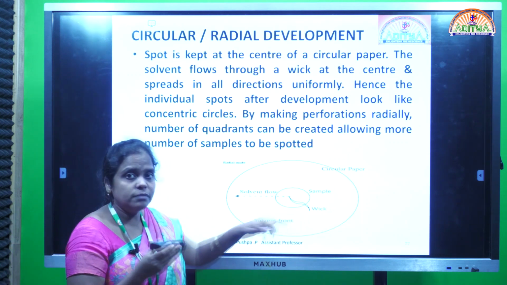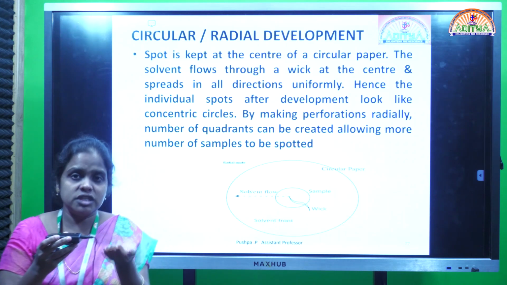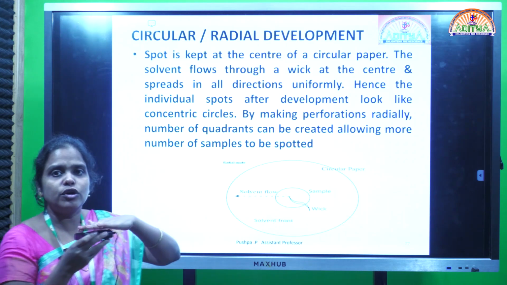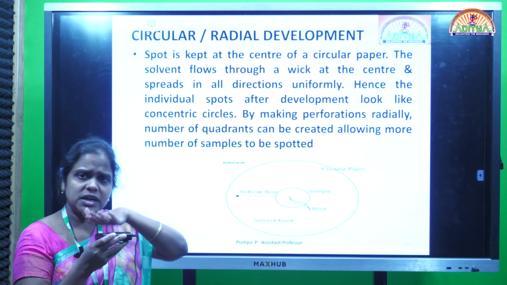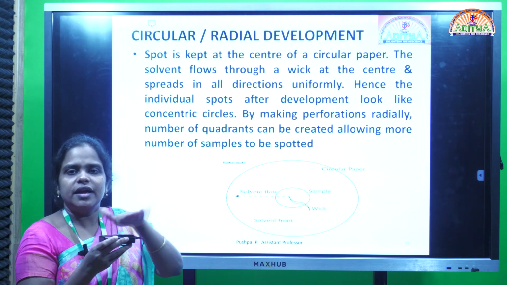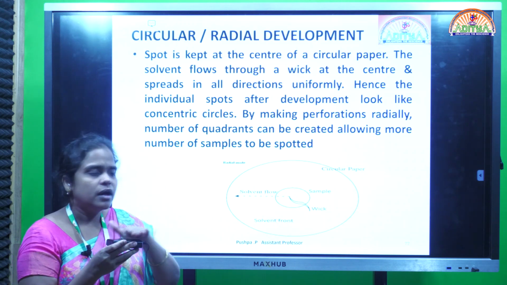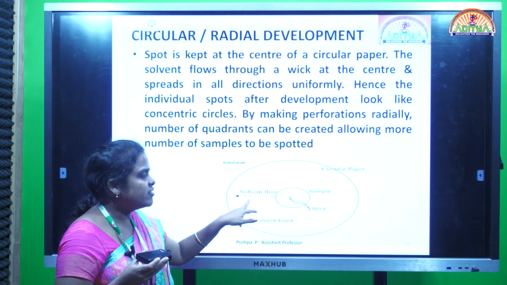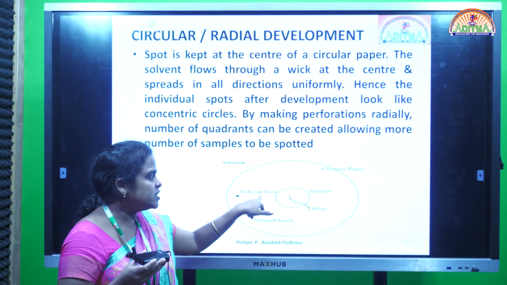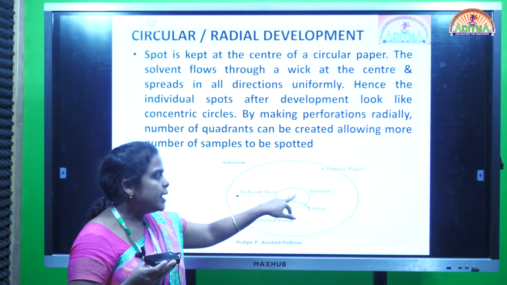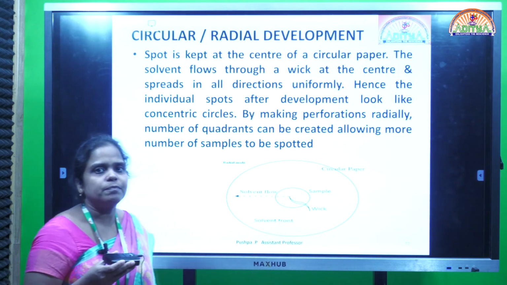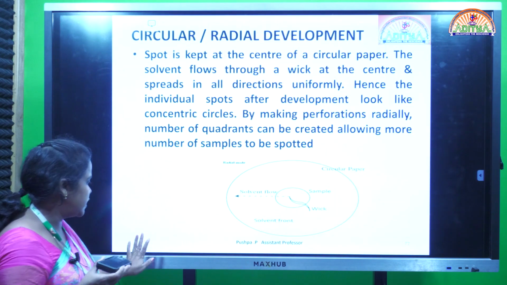Through this wick only, whatever solvent or mobile phase is present in the petri dish will move onto the paper on the upper layer of the petri dish. Then the sample will react with the solvent and mobile phase, and elute based on its solubility nature.